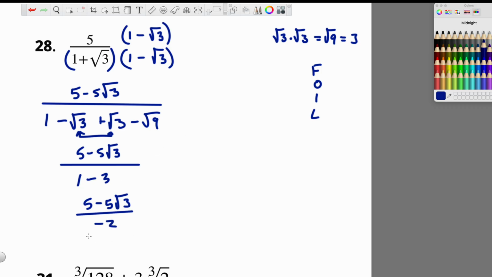Now we don't like to have a negative in the denominator, so I'm just going to multiply negative 1 top and bottom. And my final answer is going to be negative 5 plus 5 root 3 over 2. Box that in.